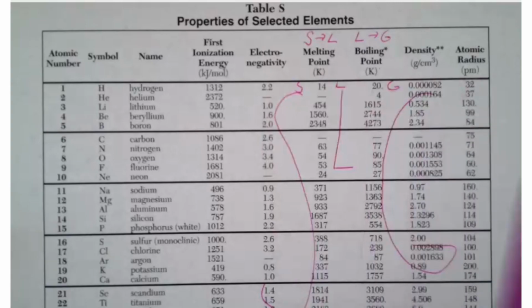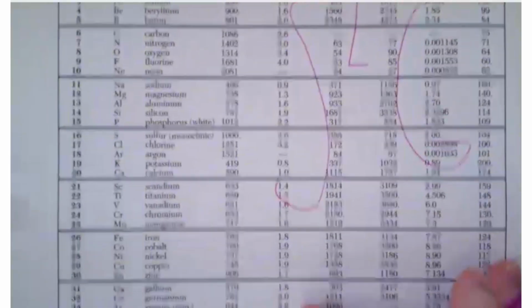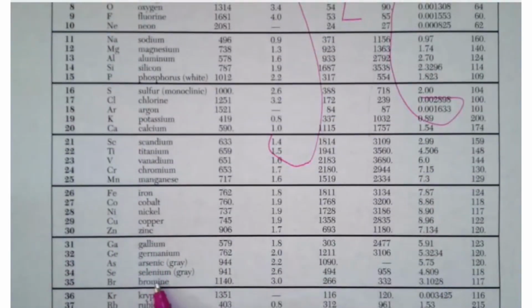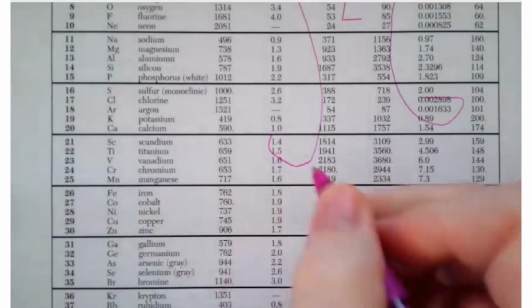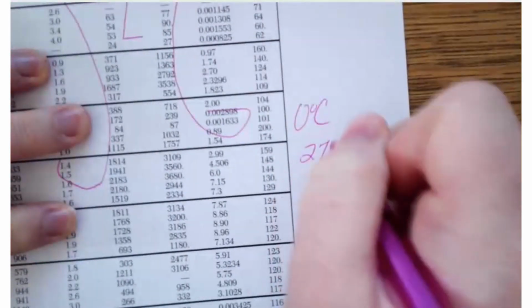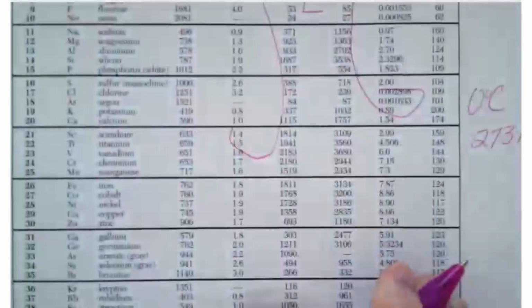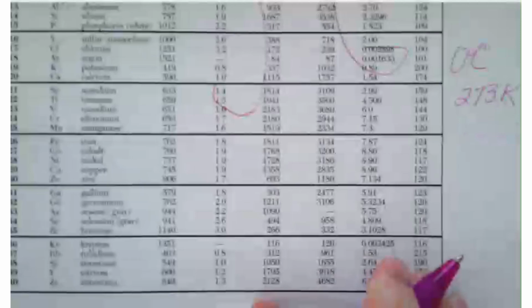Why does this help a great deal? Well, look for example right here, bromine, which is one of the only liquids at STP. Well, what is STP? So let's make a note. 0 degrees Celsius or 273 Kelvin. Okay, so let's look at bromine again.